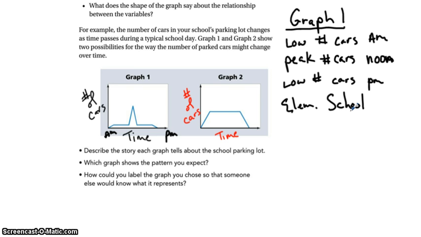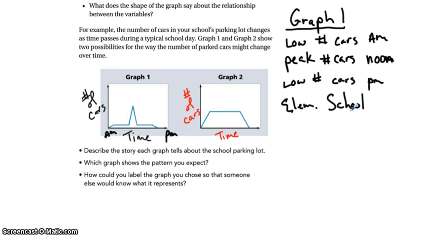Maybe even a middle school, but probably not, because the number of cars at noon would indicate that there would be a lot of traffic at noon, which is indicative of a kindergarten class being dismissed at noon, and then parents coming to drop off afternoon kindergarten classes.